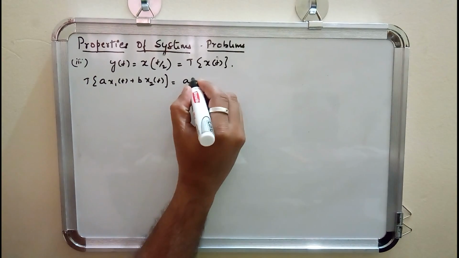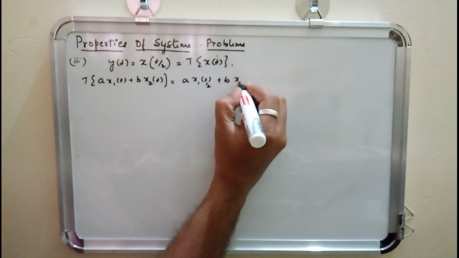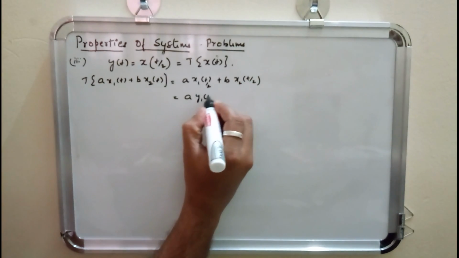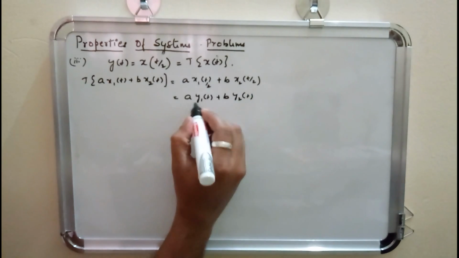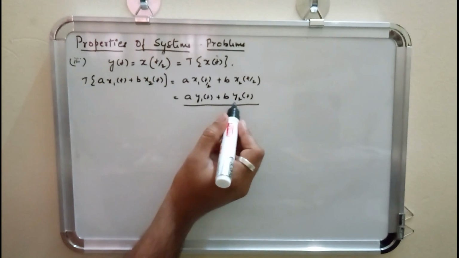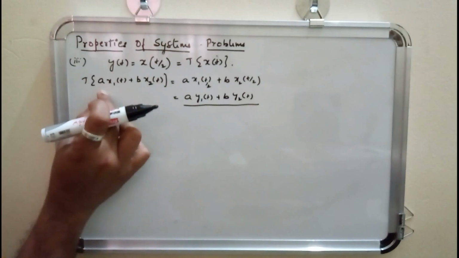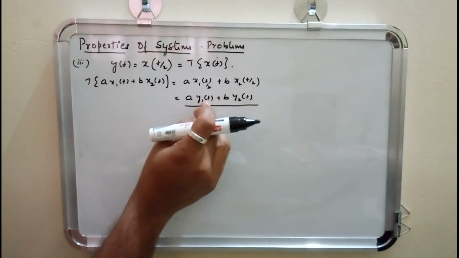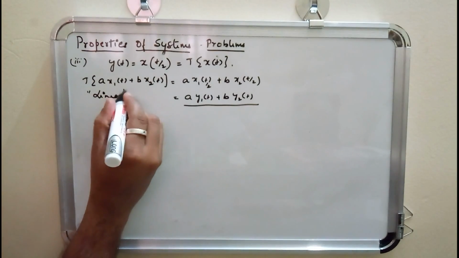So a x1 of t by 2 plus b x2 of t by 2, which is nothing but a into y1 of t plus b into y2 of t, because y1 of t is x1 of t by 2 and y2 of t is x2 of t by 2. So if the input is a weighted sum of two or more signals, the output is the weighted sum of the responses to the individual signals. So the system is linear in nature.